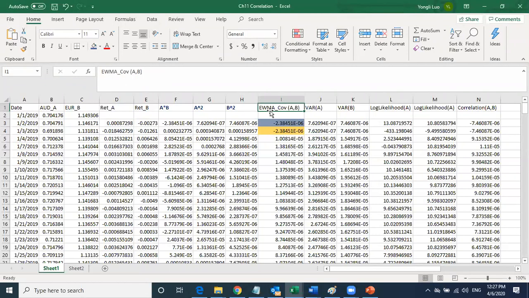This goes to our dynamic process, which is now not going to weight equally. Remember, the equally weighted moving average gives equal weight, but now we give more weight to recent observations. This is the correlation. We use the covariance for the first one, the same. The second one we use is going to be this function.